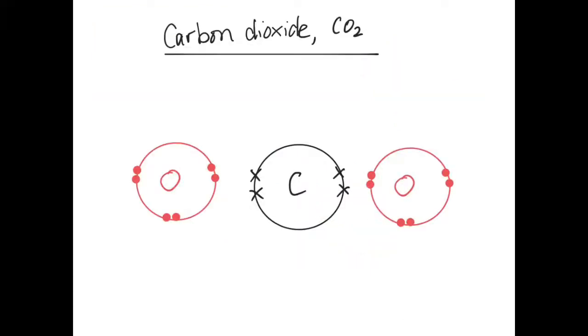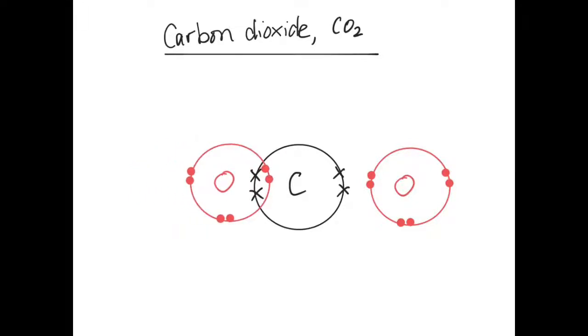If you take carbon dioxide, the well-known greenhouse gas, what you find is that carbon only has 4 electrons, and it needs to get 8 electrons to get a full outer shell. So for that to happen, the carbon has to gain another 4 electrons. And the only way that carbon can gain 4 electrons is to share 4 electrons.